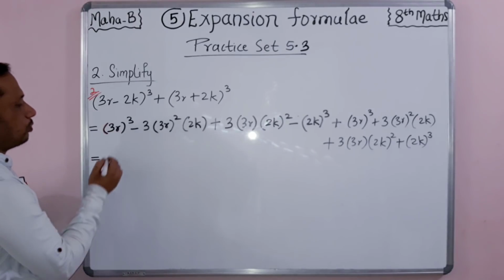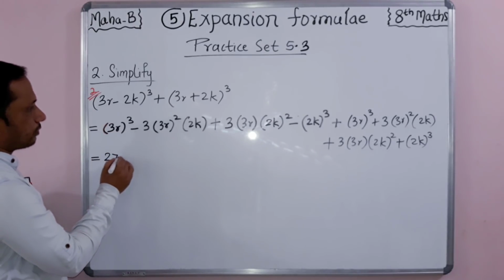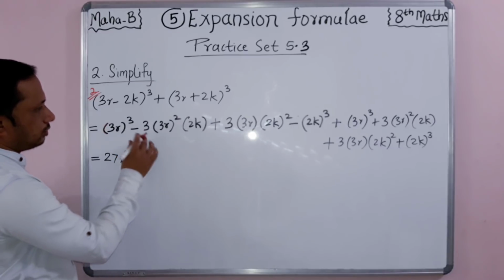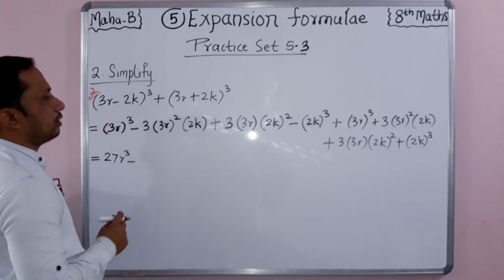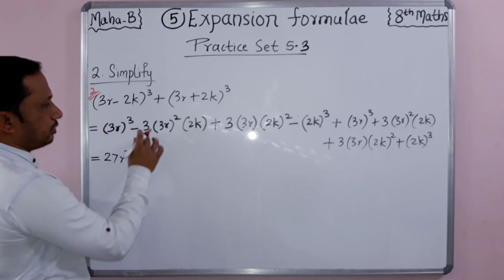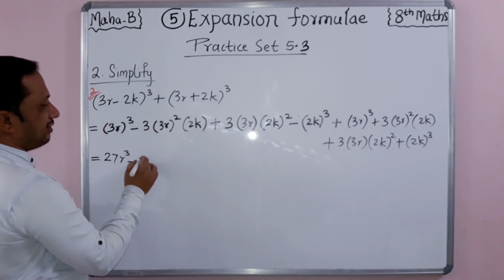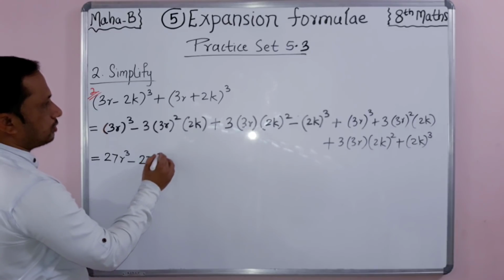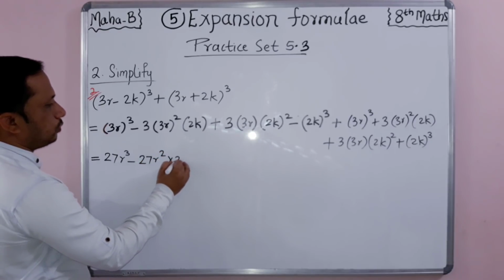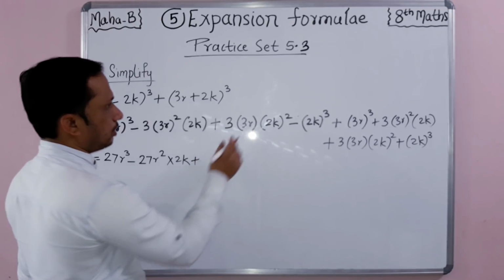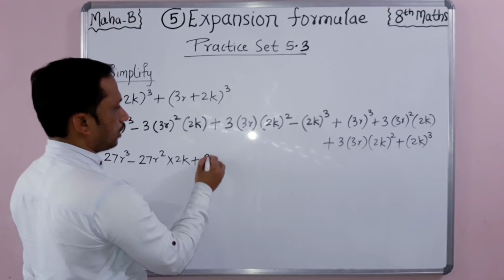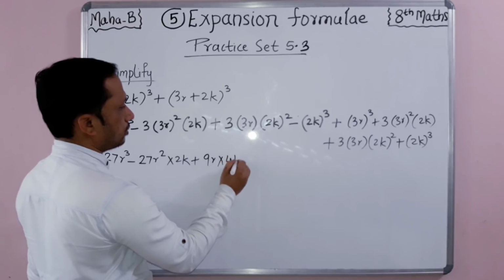What is this? Cube of 3 is 27, cube of r is r cube. Now 3 times square of 3, that is 3 times 9, 3 nines are 27, r square into 2k. Then plus 3 again, 3 times 9 and 4, okay, 9r into 4k square.